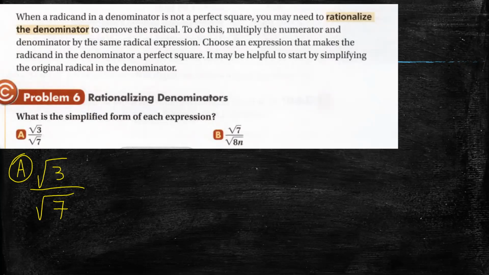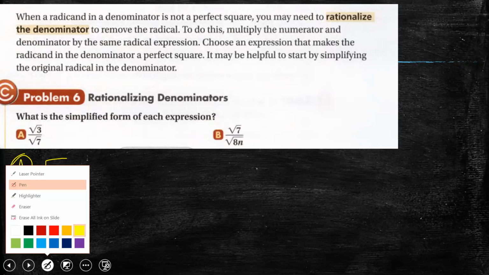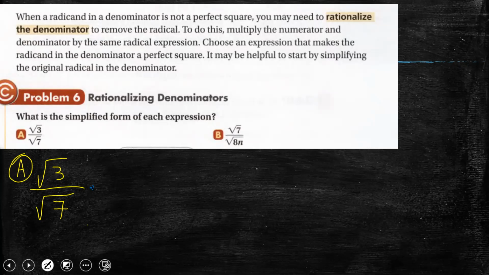What is the denominator here? Square root of 7. So I multiply by square root of 7 here to remove it. And since I multiply the denominator by square root of 7, I will multiply the numerator by square root of 7.